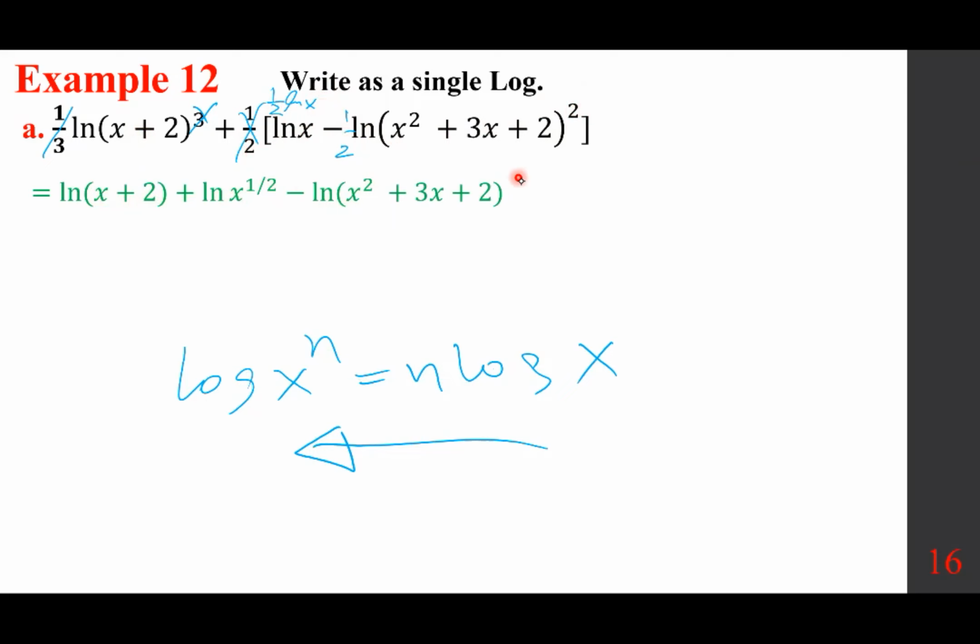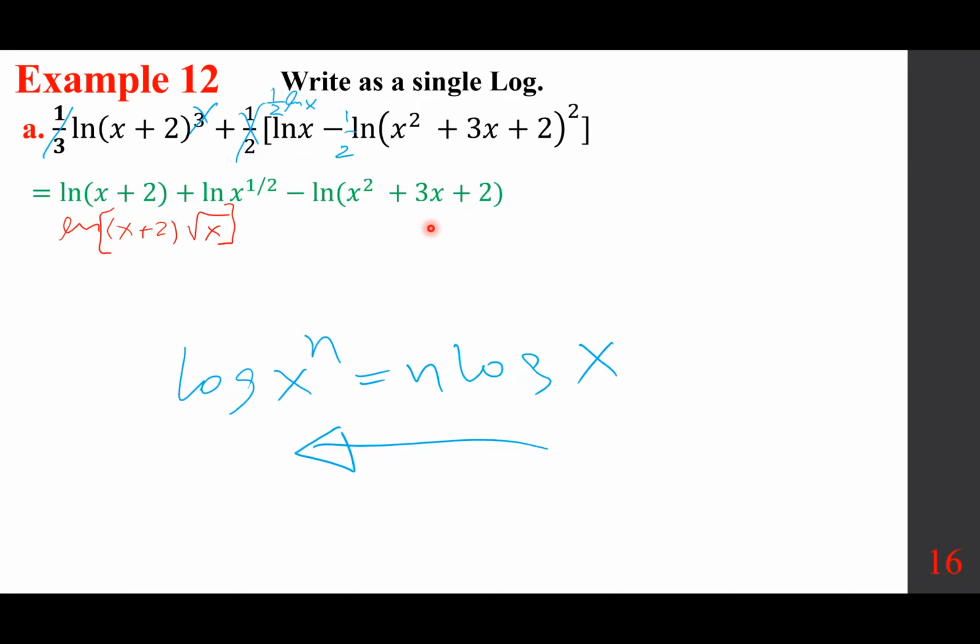So what we are looking at now, let me just write this: ln of (x plus 2) times x to the power of 1/2, or square root of x. Of course, this can be done in one shot. And if you want to combine these two, because it has a negative sign, this becomes the denominator. However, before we write this, why don't we see if we can factor it?